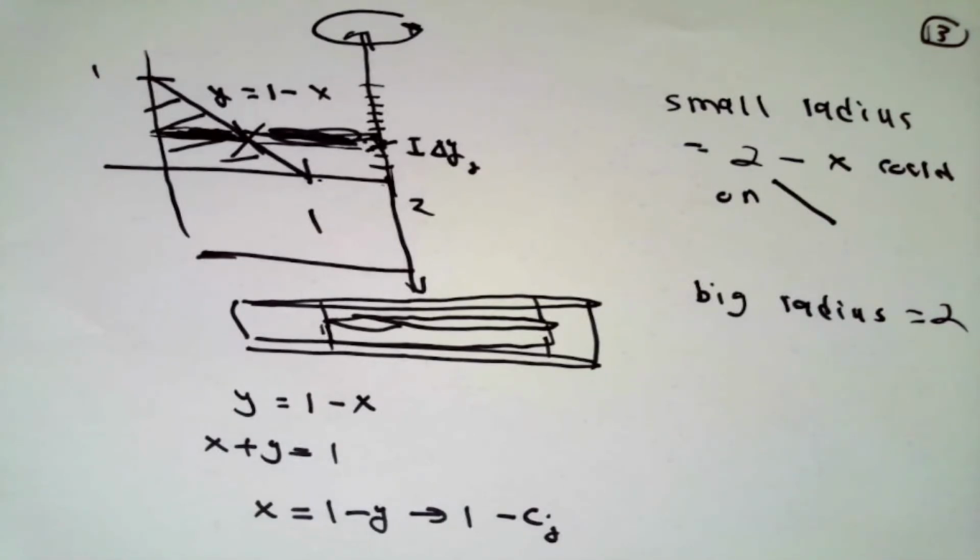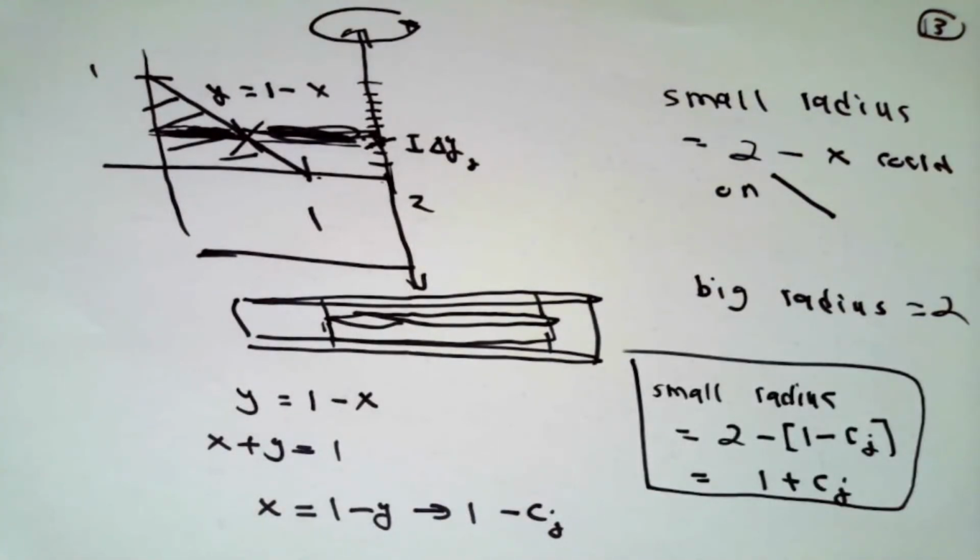The small radius is the horizontal distance between 2 and 1 minus c sub j. And the large radius is always 2, so that's already been settled. So I have to take pi and multiply it by big radius squared minus small radius squared, then multiply that by delta y sub j, add them all up, and take the limit.